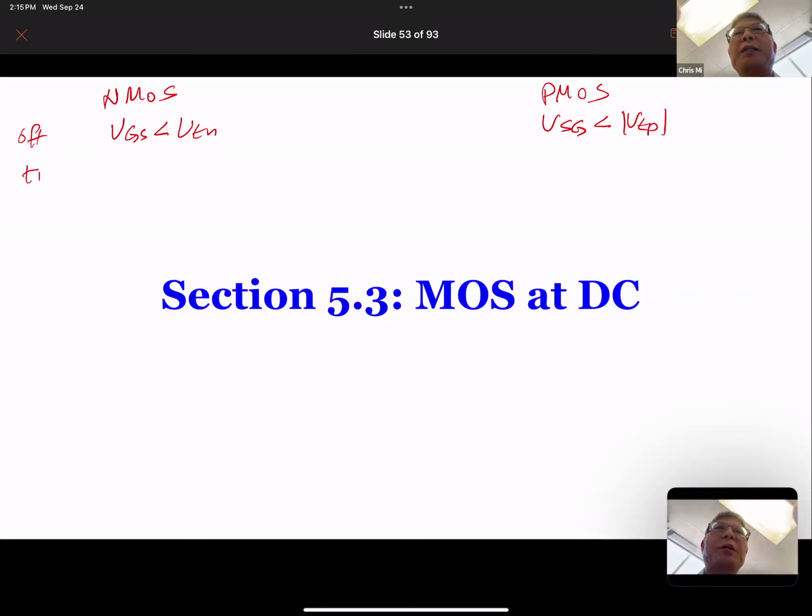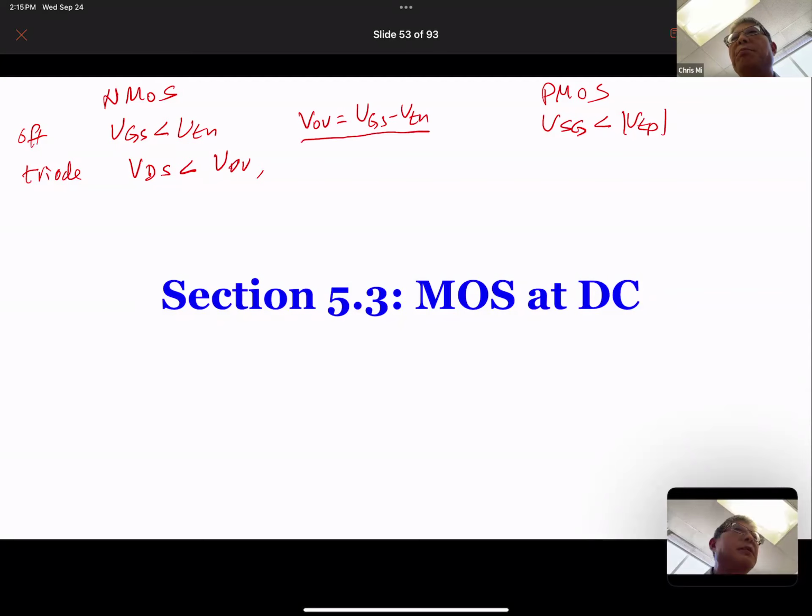And in the triode region, we have VDS less than VOV, and of course VOV is defined as VGS minus VTN. That's the overdrive voltage. And for PMOS we always define it as VSG minus the absolute value of VTP.